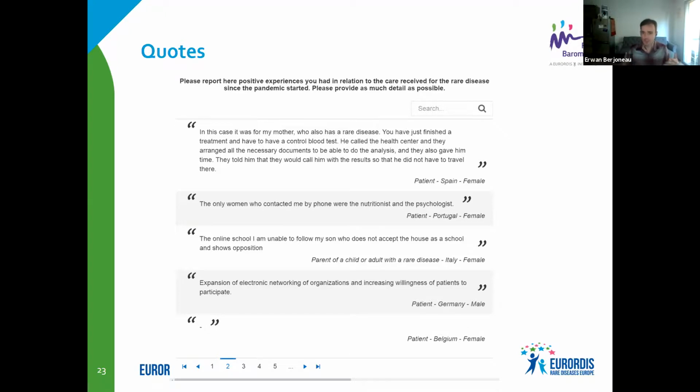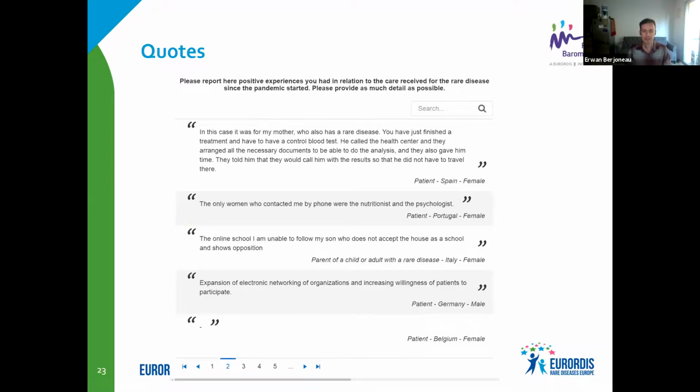And if in this quote there's some information that reveals the identity, we're going to hide that and send it to you. Okay, so we think it's very interesting to have this qualitative analysis on the quotes, because it gives more of a story. It makes it more of a story, and it's also always good to hear it from people's own words.